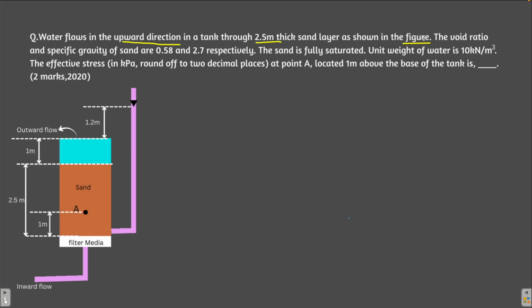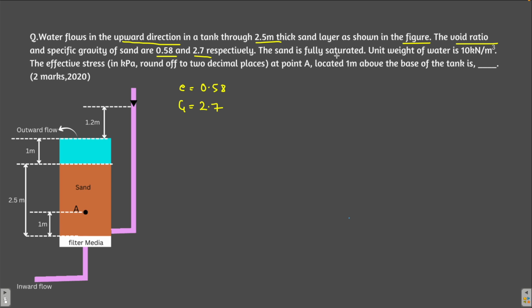Let's understand the second line. The void ratio and the specific gravity of the sand are 0.58 and 2.7 respectively. So these are the data given to you. So let me write the data first. Void ratio is how much? Void ratio is given as 0.58 and specific gravity is given to you as 2.7.